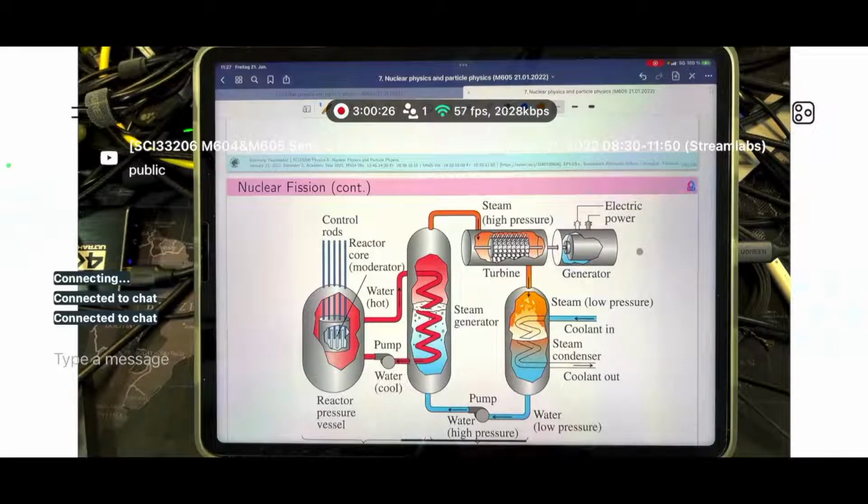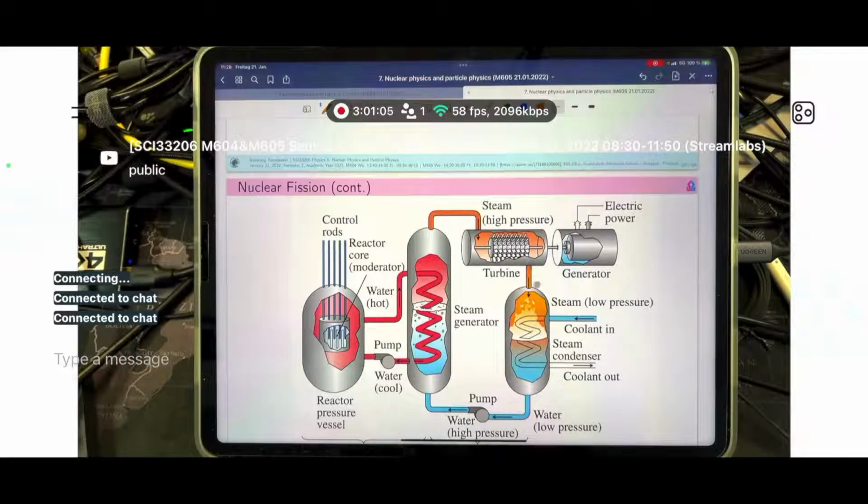The generator is the device that has copper winding and a magnetic field, and once the copper rotates in the magnetic field, it generates electron movement, and that electron movement causes the electric current to flow. Okay, and we could get electric power. That's the selling part of this power plant. They sell the electricity to people.